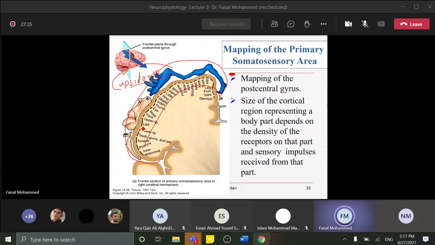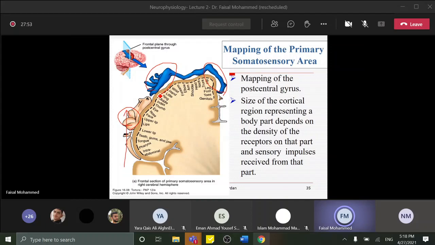That is two. The area that represents any part of our body is not proportional to the size of the part. The hand is not large, nor the face, and look at how large the lower limb is; the whole lower limb is barely the size of the hand. Look at the lips, the face, how much representation. So it is not proportional to size.